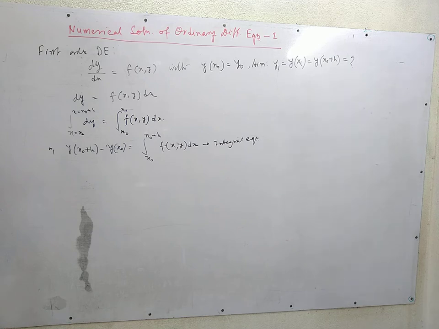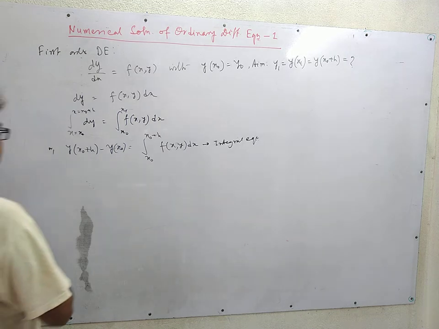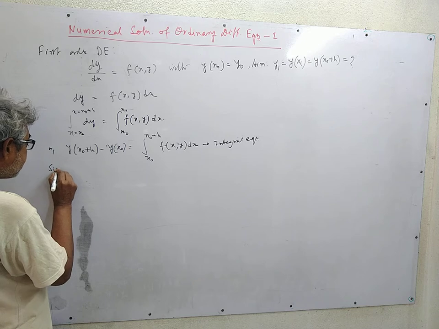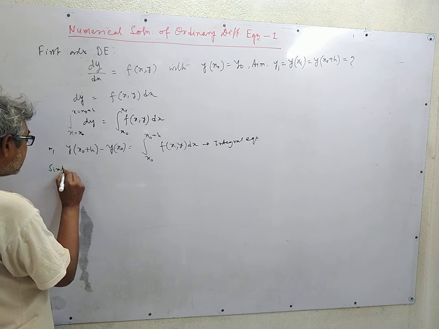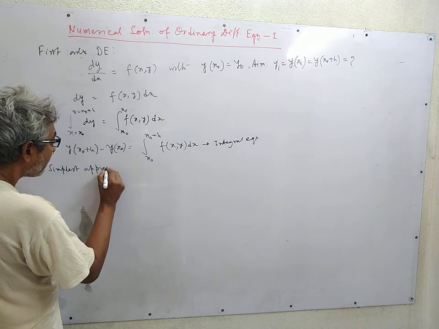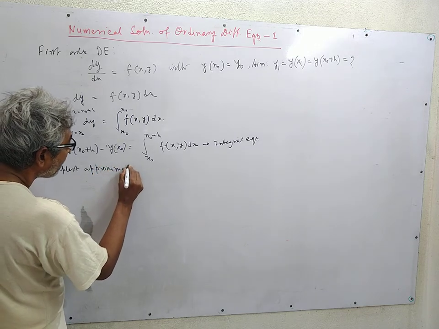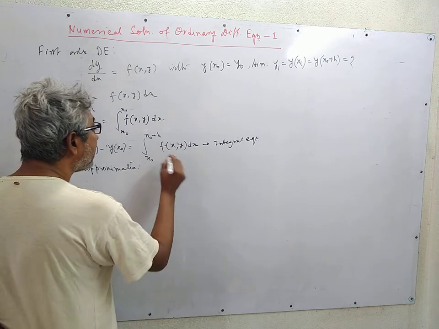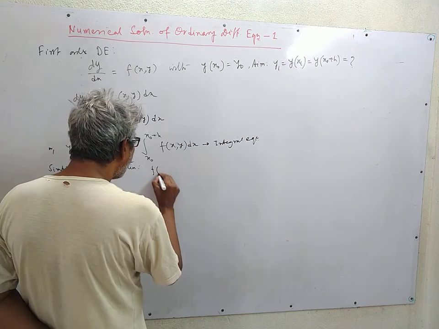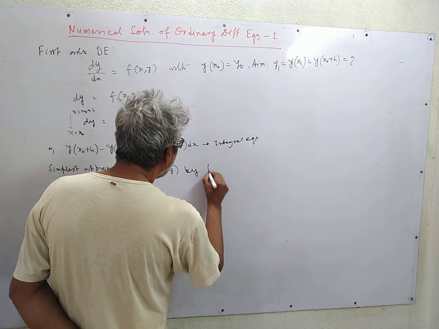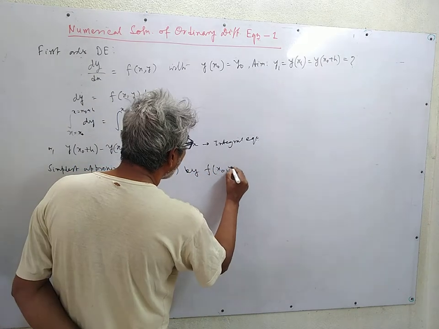The first approximation, the simplest approximation, would be to replace f of x, y by f of x0, y0.